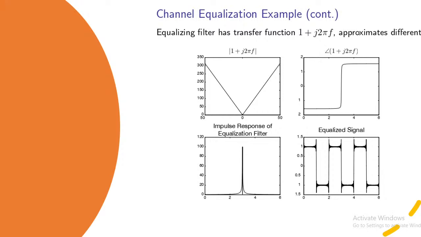Omega is equal to 2 pi f. That type of filter usually approximates a differentiator. So if you have that transfer function, the amplitude of 1 plus j 2 pi f is shown on the left hand side top. The angle of that is shown on the right hand side.